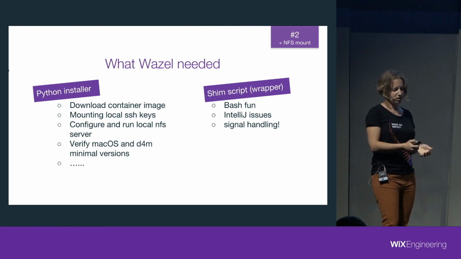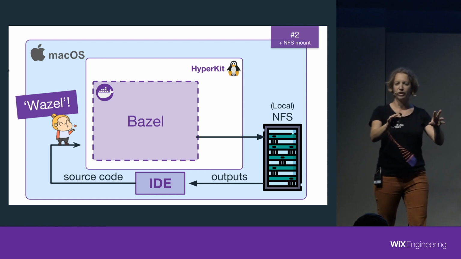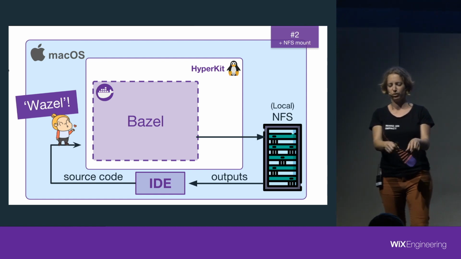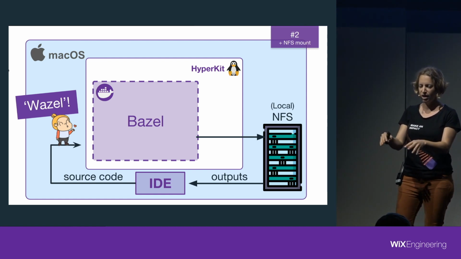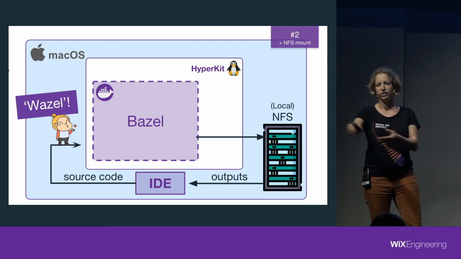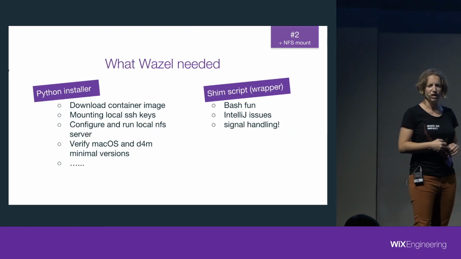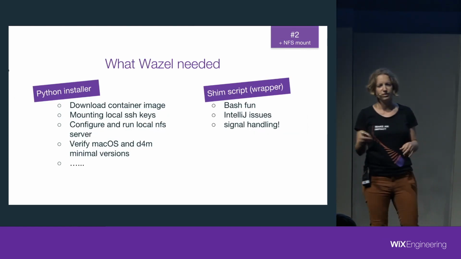And we also had to write a small script that would wrap Bazel inside, okay? Because the story here is that you want to just type, I don't know, bazel test something, and this thing has to seamlessly go inside the Docker and run Bazel inside of it and let you know when it's done and so on. So I had a lot of fun with the script.